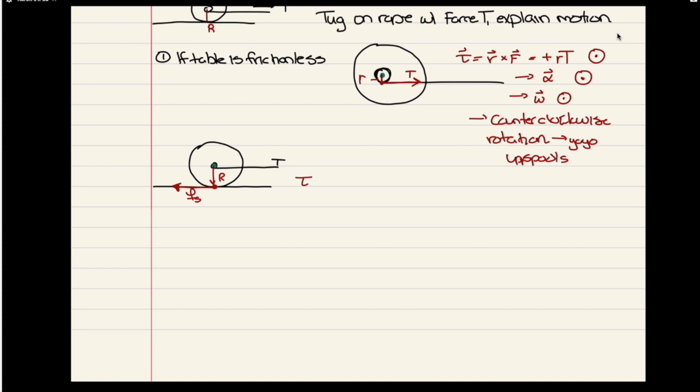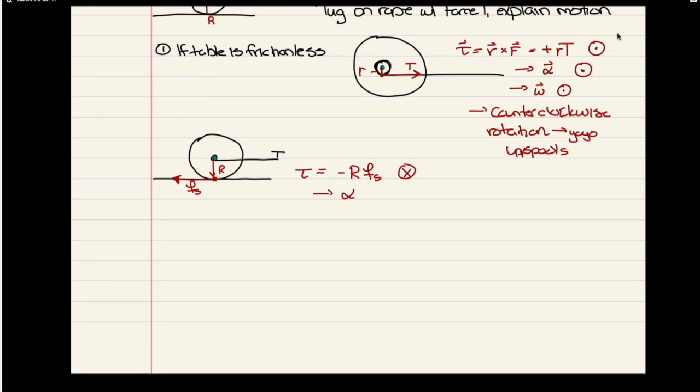So in this case, the torque on the yo-yo is not RT, but big R times the force from static friction as I pull. And I put a minus sign because if I do the cross product, down R, fingers curl towards F, my thumb points into the screen. Which implies that the angular acceleration also points into the screen, so given enough time, omega will eventually point into the screen.